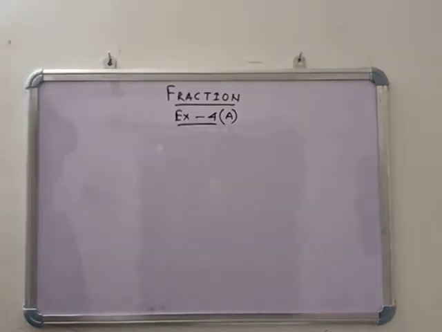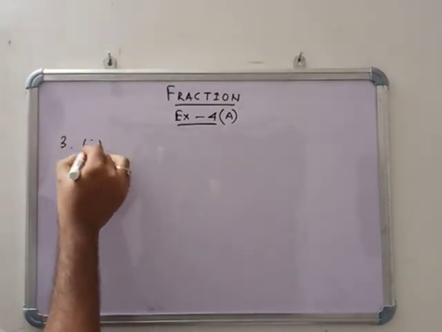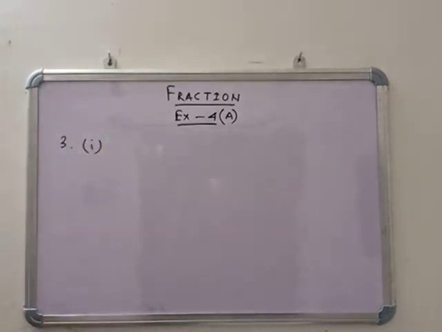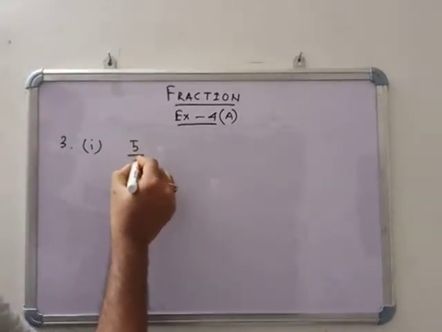Now in question 3, point out the numerator and denominator in each of the following fractions. We know that the upper number is called the numerator and the lower number is called the denominator. So in number 1, 5 by 6 is there.